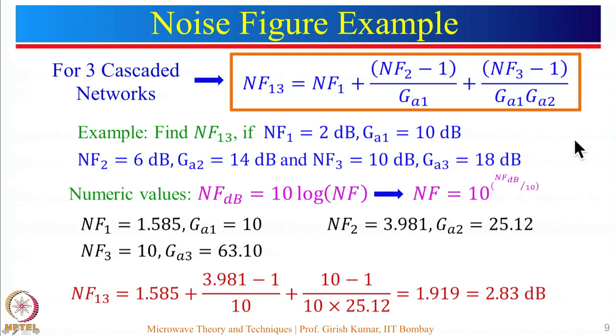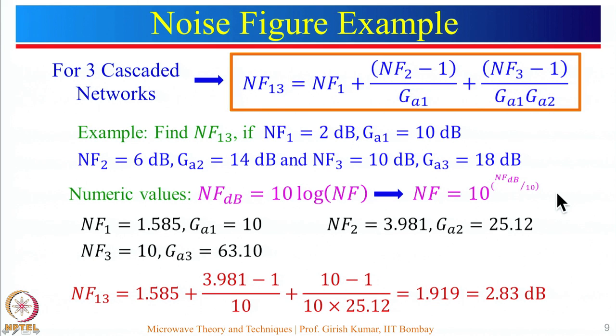Then we took one example to find the overall noise figure, and we found that it is 2.83 dB, whereas the noise figures of the individual stages were 2 dB, 6 dB and 10 dB, but the net is 2.83 dB, and that is mainly because of the finite gain of the first stage and second stage.